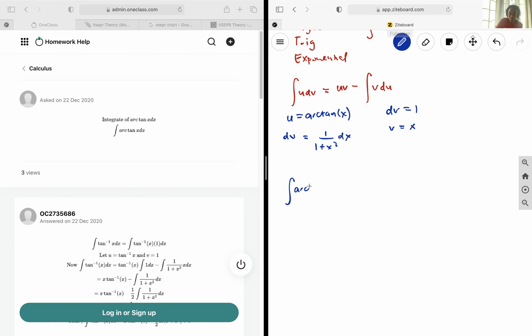And so we get the integral of arctan x dx, sorry, this is also 1 dx, is equal to arctan x times x minus the integral of x multiplied by 1 over 1 plus x squared dx.